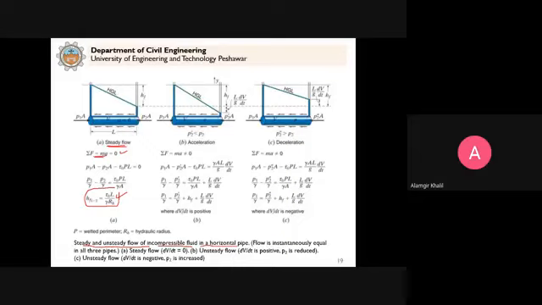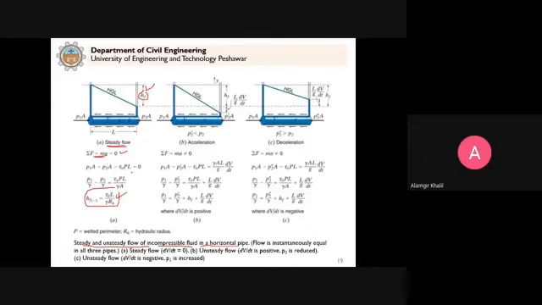So you see that there is a drop in the energy. Since the pipe is uniform, the velocity is the same at both the sections. So P1 by gamma reduces to P2 by gamma. Z1 and Z2 are also the same. That's why only the difference of pressure is equal to this. We have the head loss due to the friction.